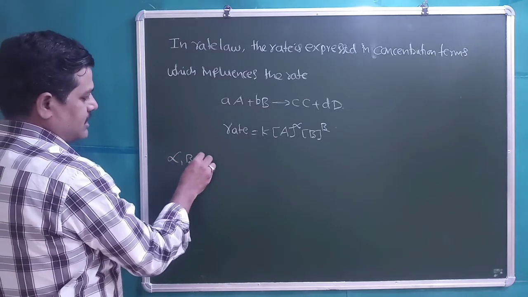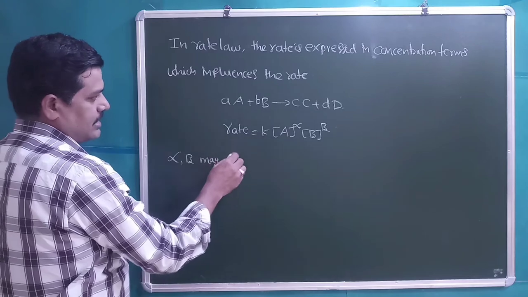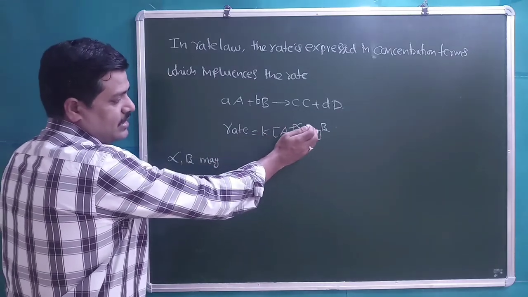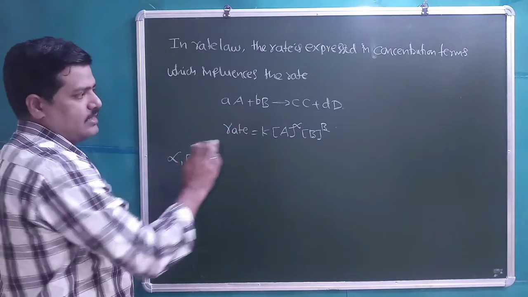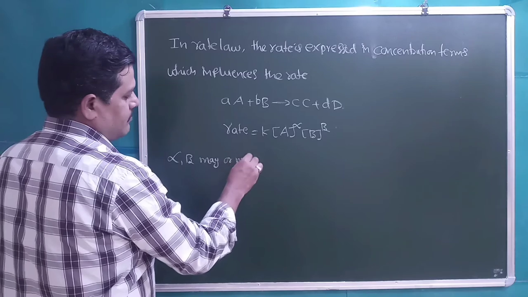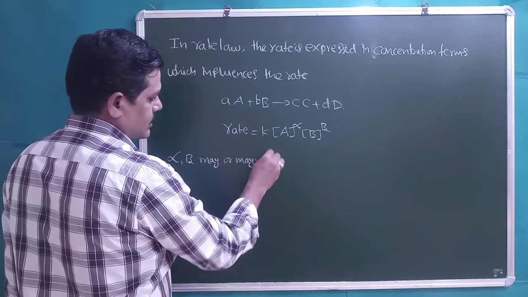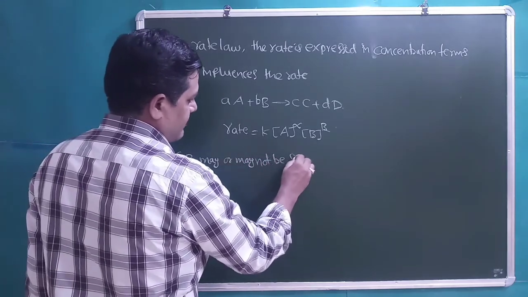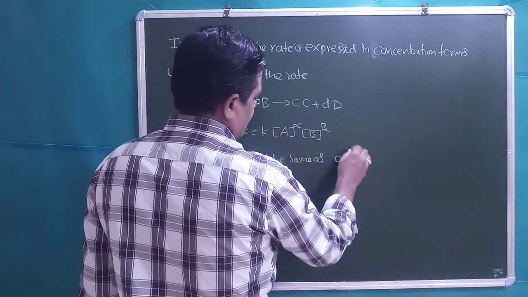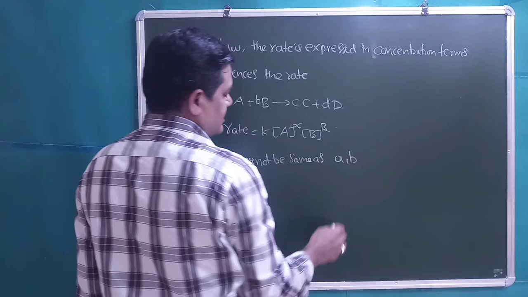Alpha and beta are the powers of the concentration terms in the rate law expression. In some cases it is the same.